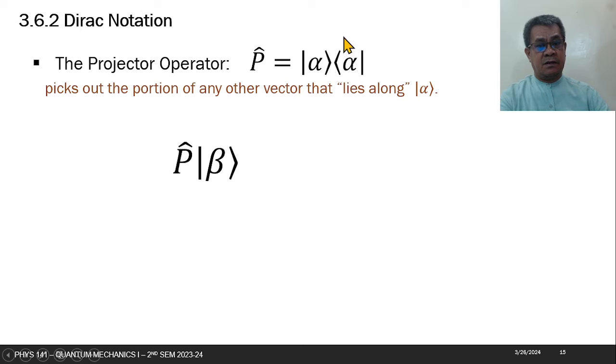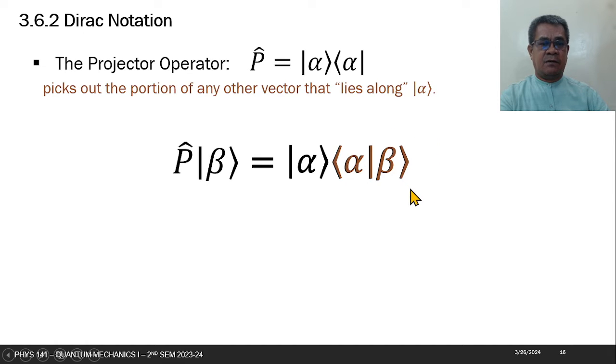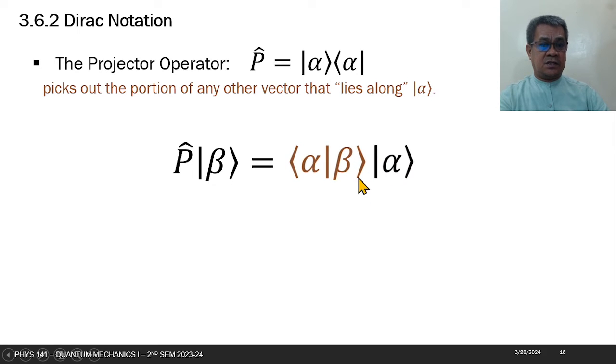So if you let this projector act on a vector, we are evaluating the amount of the vector that is in line with this vector alpha. For example, if we have the projector act on beta, then substituting this projector operator with this, we have this result, which is just an inner product. Take note that the inner product is a number and alpha is a vector, so we can exchange their positions.